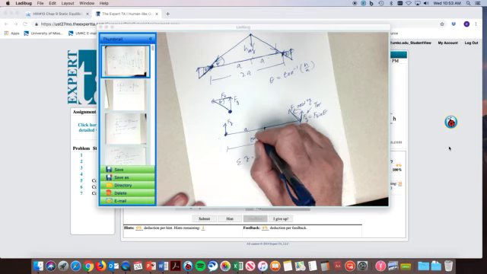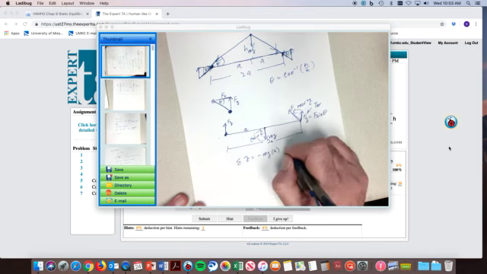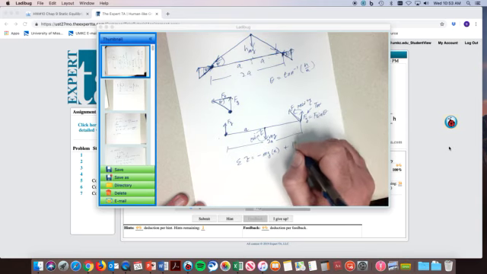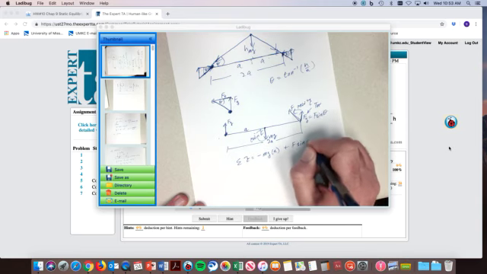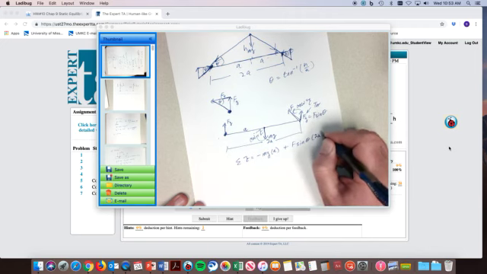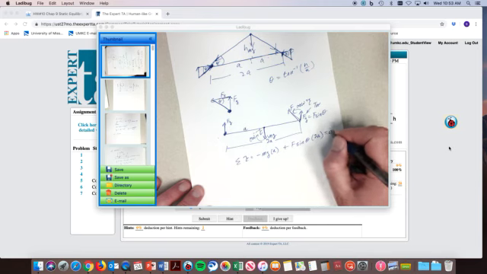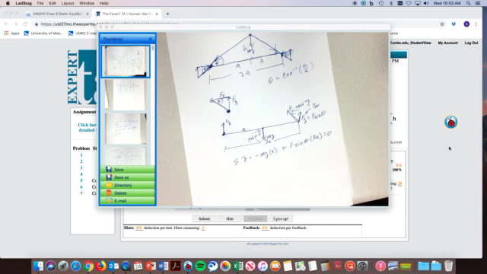Plus F sine theta times 2A, and this equals 0. Well, I'll be. I know all this except for F. We've got it. We are done.